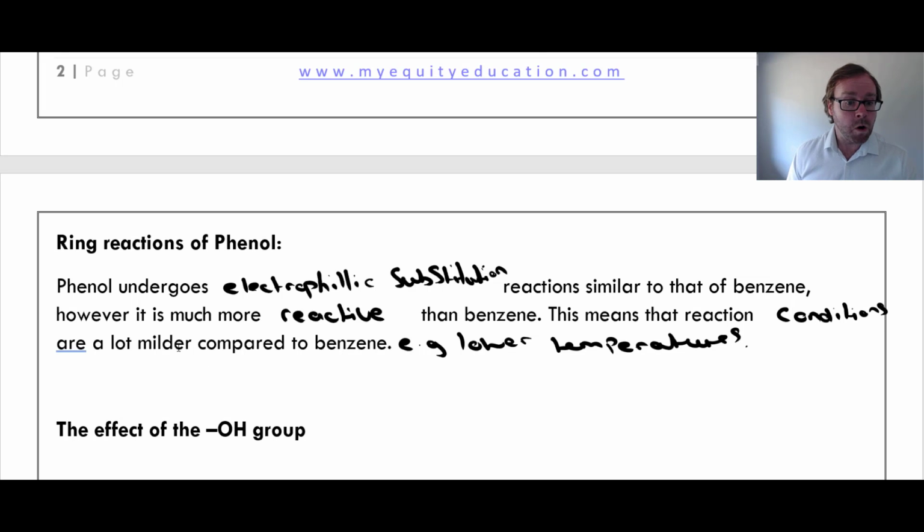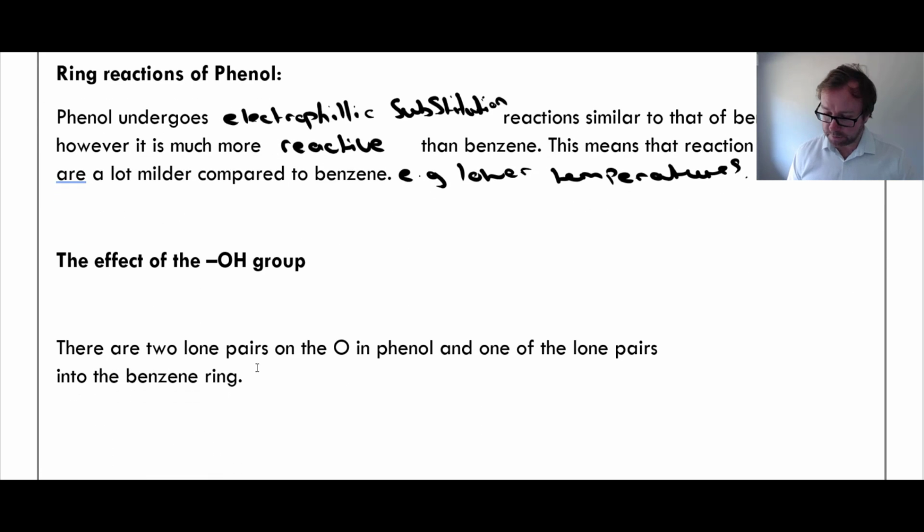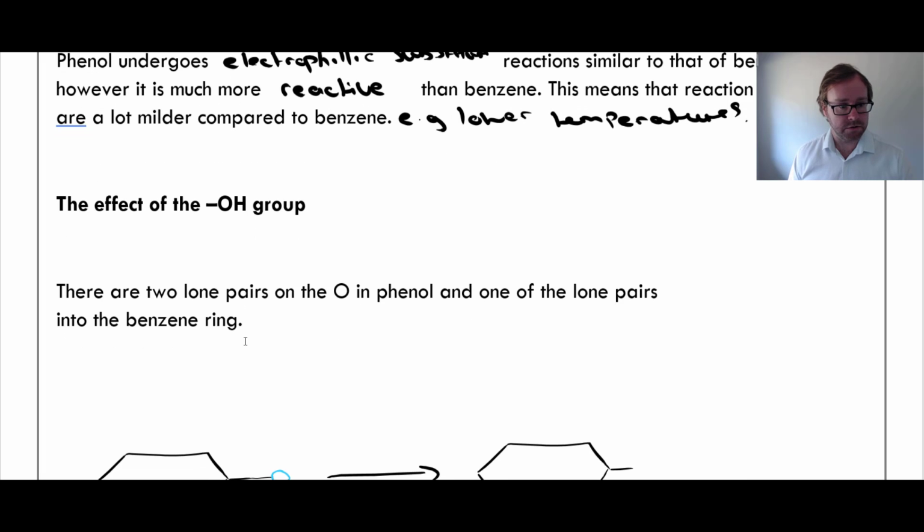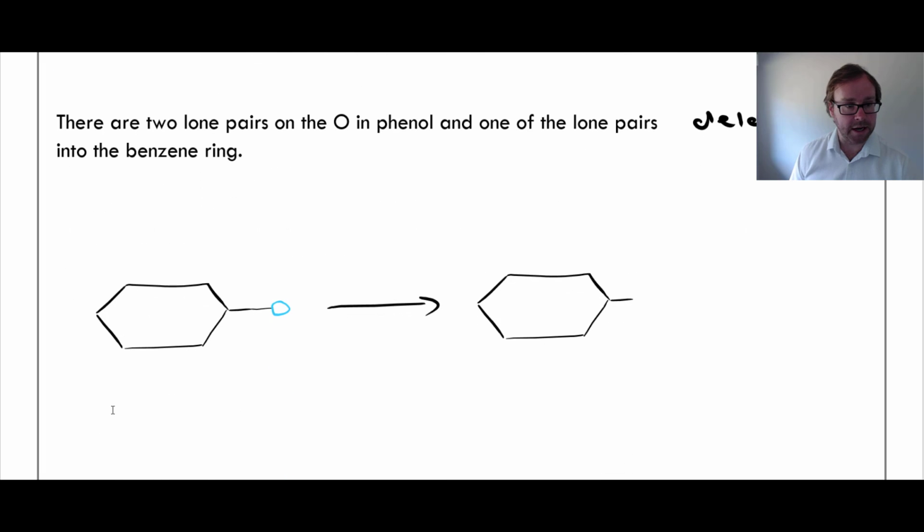So why is phenol more reactive? Well, it's to do with the effect of the OH group. There are two lone pairs on the O in phenol, and one of the lone pairs delocalizes into the benzene ring. I will show you what is happening.